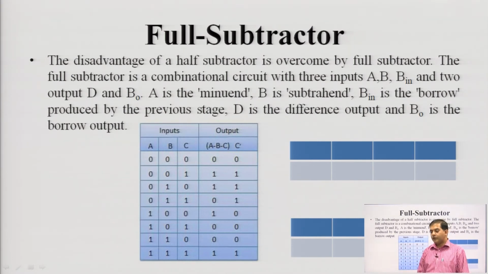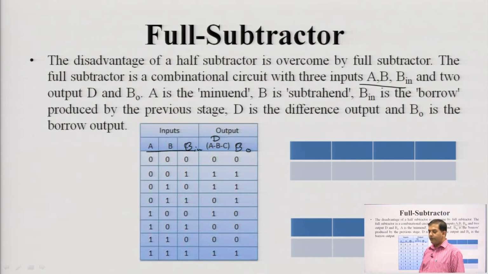The full subtractor is a combinational circuit with 3 inputs A, B, B in and 2 outputs D and B naught. Here the 3 inputs are A, B and B in, and the outputs are D and B naught.